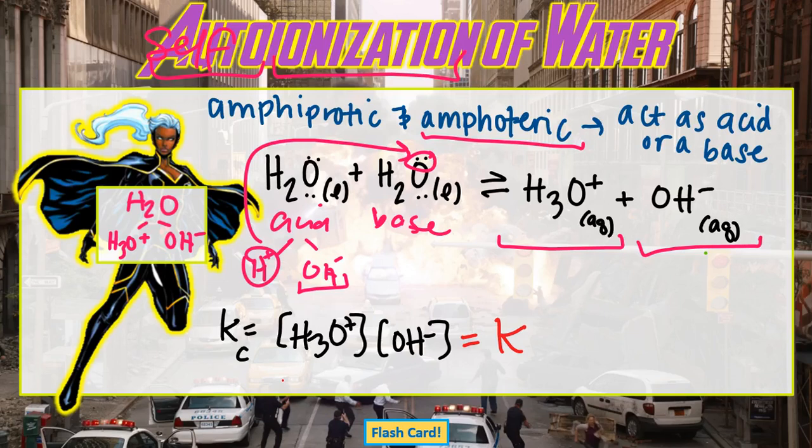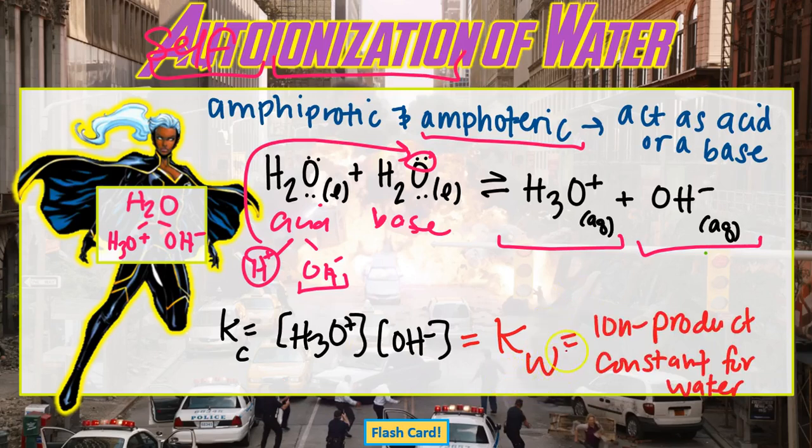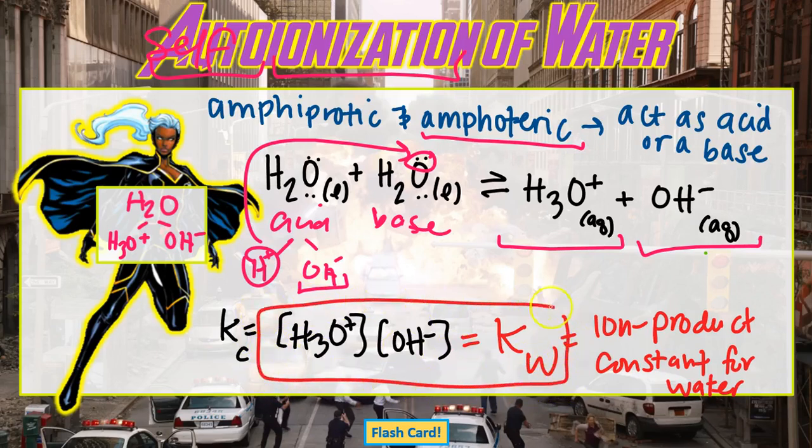Now, this entire thing is also going to allow us to add another layer of information, which is basically taking our K value and giving it a specific name to relate to the autoionization of water, and that is Kw. Kw is called the ion product constant for water, which is based on the products and the ions of water being mixed together because it's autoionizing. So Kw is equal to Kc, and our Kw is still going to be equal to H3O+ times OH-.